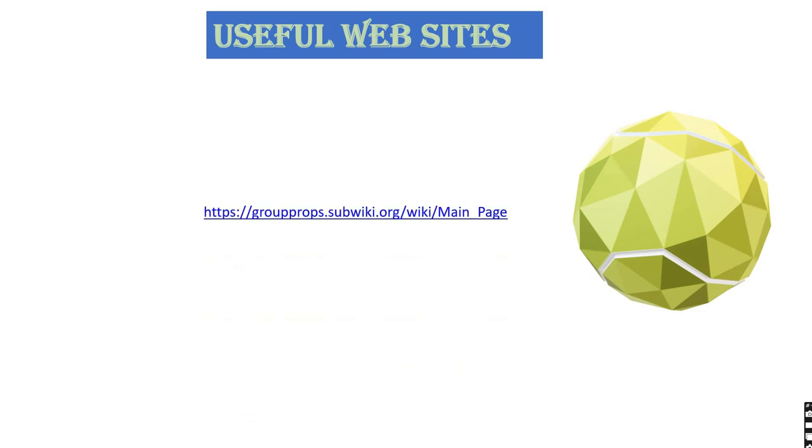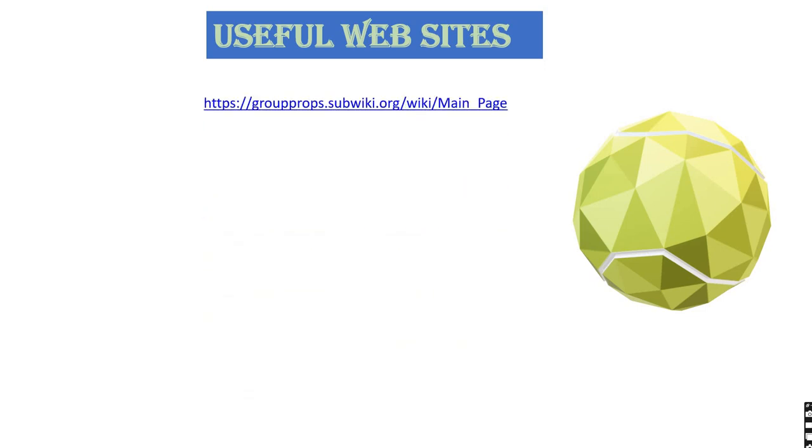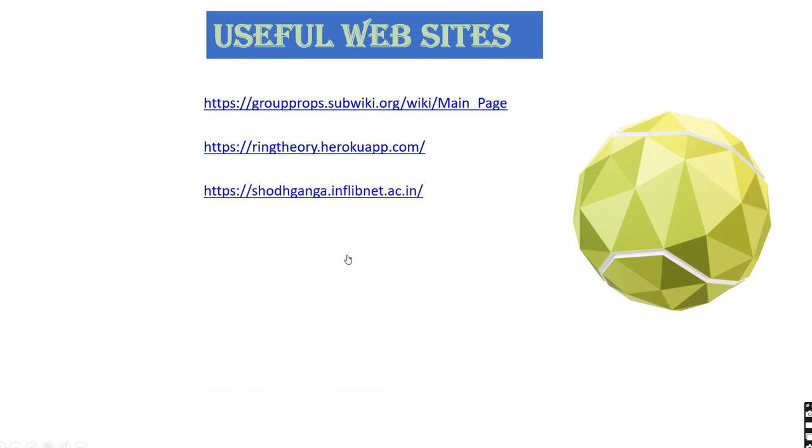Now these are useful links to carry out your project. And again, we have mentioned only very few. First one is this. In this you will have certain groups with their properties, and in the case of rings also. Then Shodhganga, that reservoir of theses. That is given by this website address.